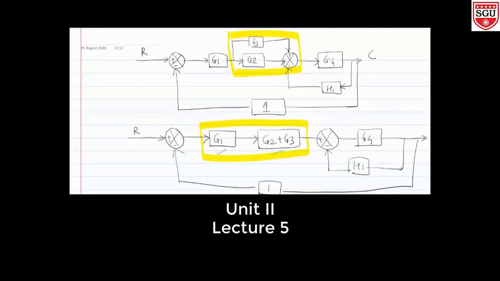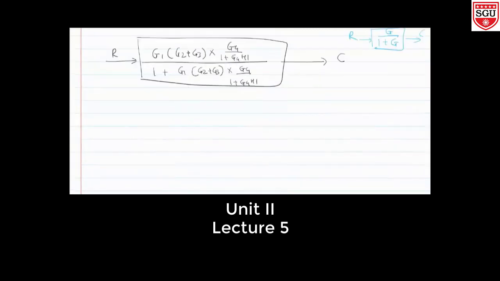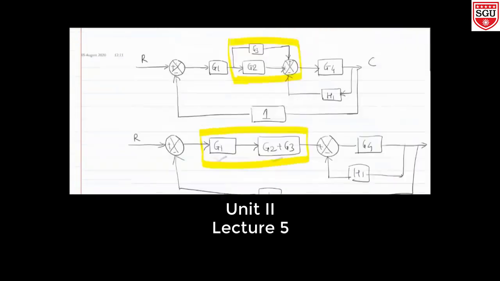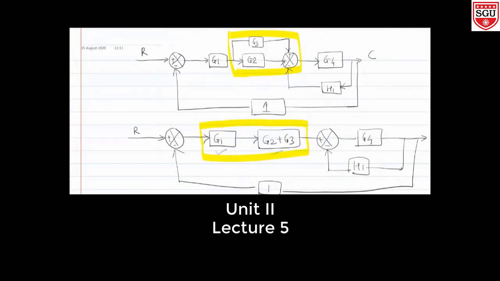Like that you have to solve the answers. Is this problem clear? Okay.